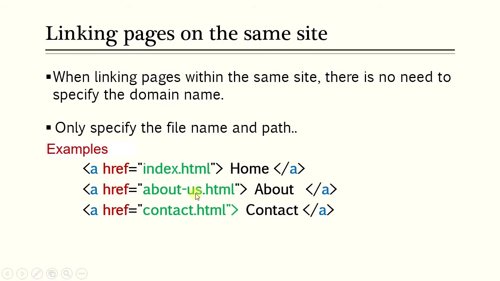Here, the path is not specified with any of the files. It means the files, and the file from which we are accessing these pages, are all in the same folder. Otherwise, we must specify the path of the file.